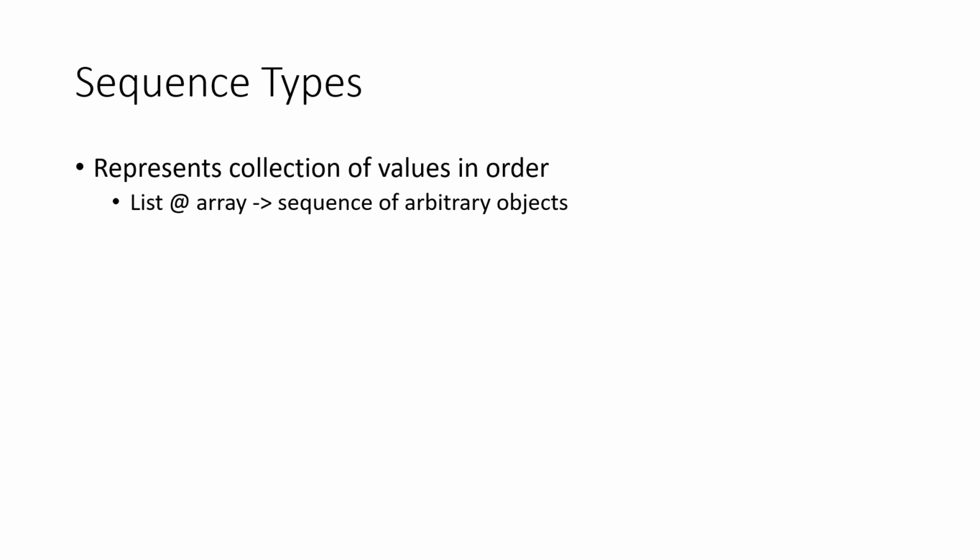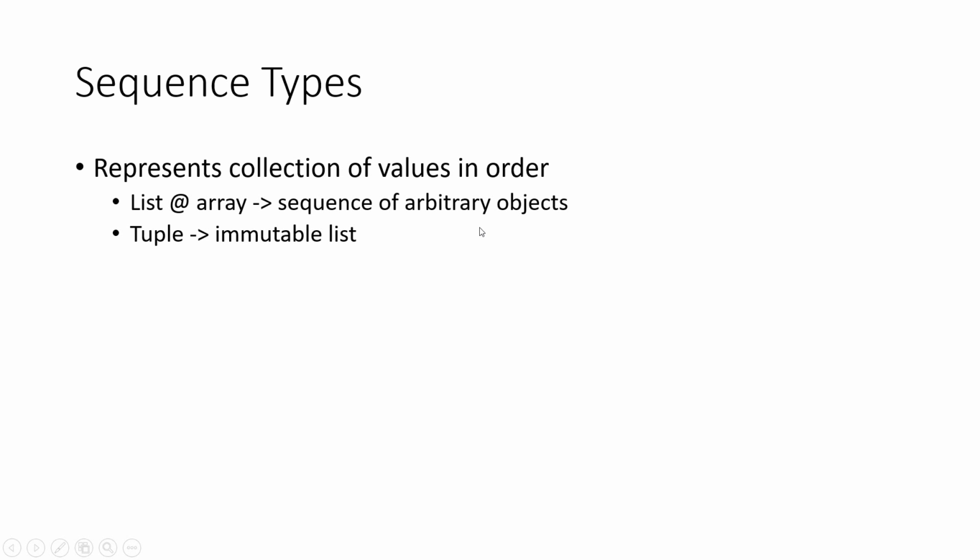Hello. So we have three types of containers in Python. Generally, we call it a sequence. We use a sequence to represent a collection of values in an order, and these are basically list, which is also similar to an array, but the only difference is it can store a sequence of arbitrary objects.